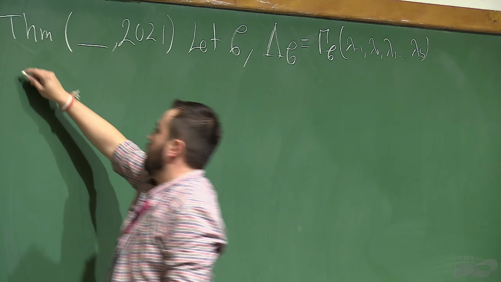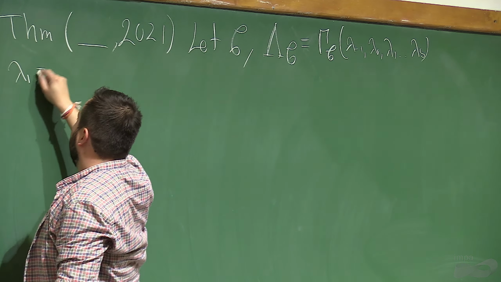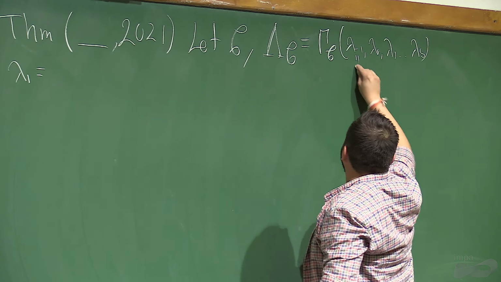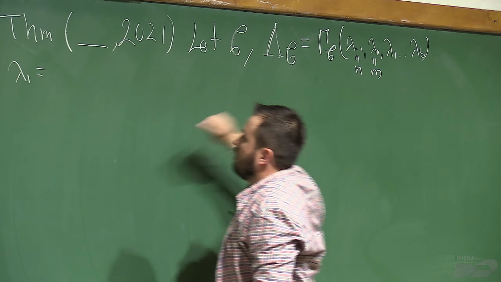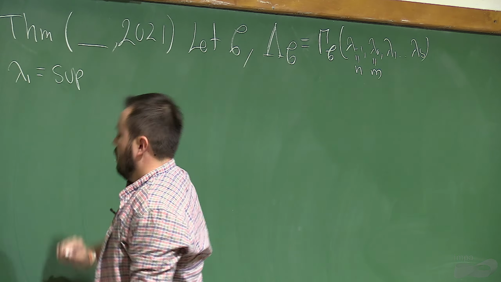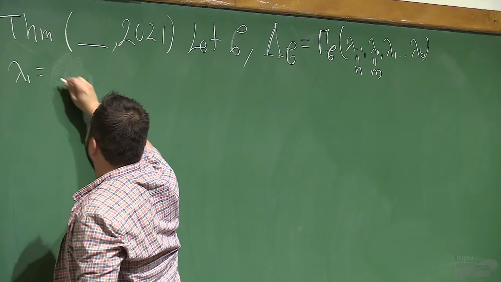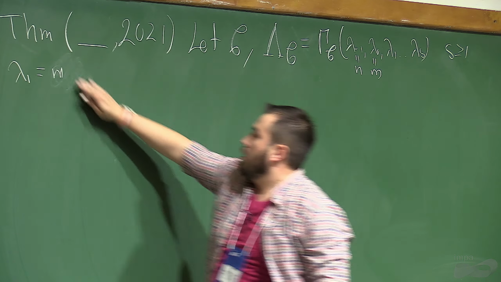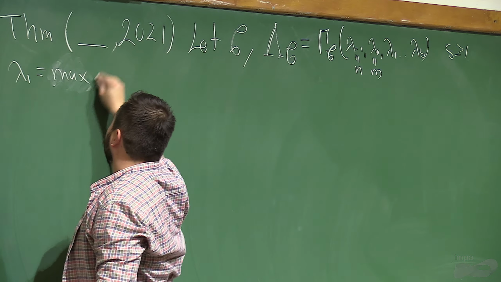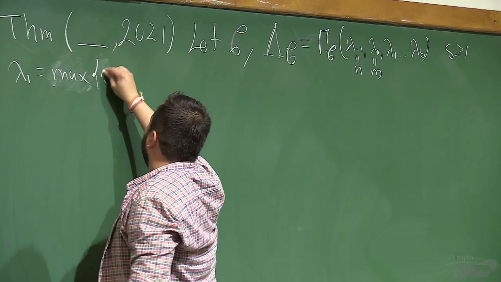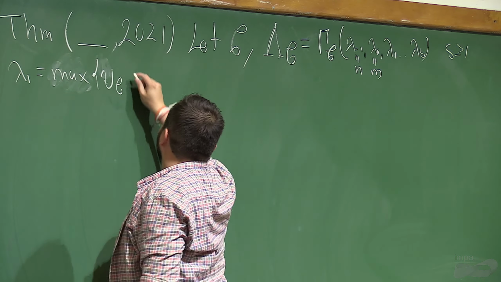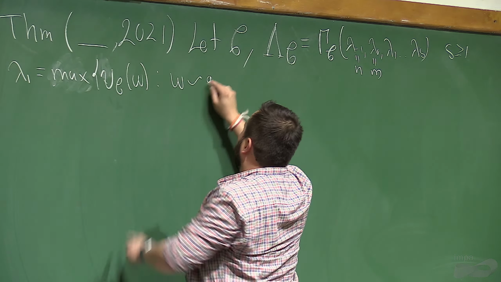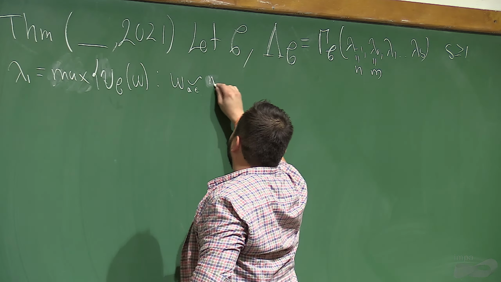In my PhD thesis, I proved that lambda 1, so here is n, here is m, is the maximum, assuming that s is greater than 1, of the differential values where omega is analytically equivalent to this one.